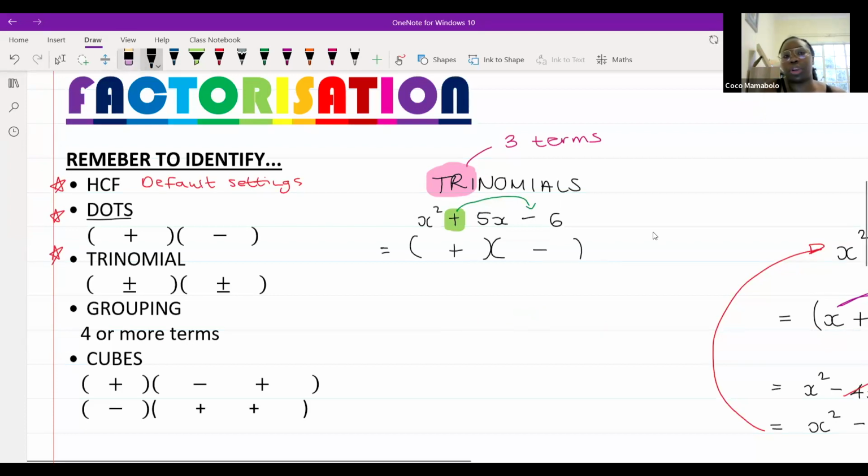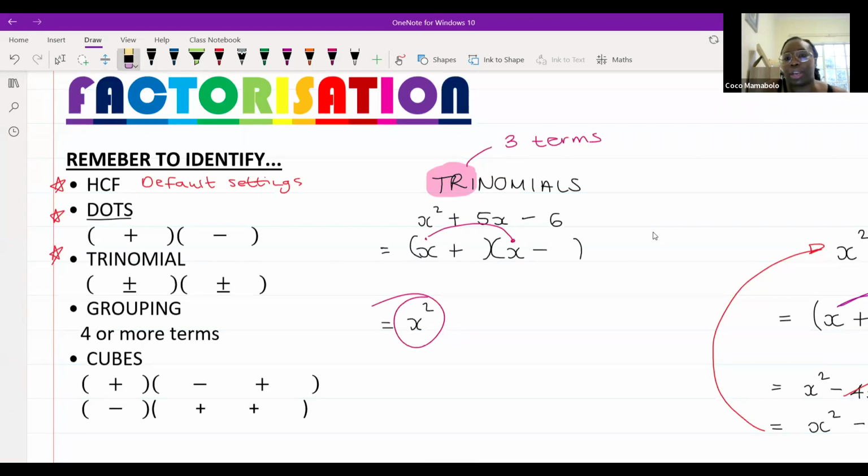Okay, now let's talk about the numbers that go inside. First thing I'm going to do is, when I FOIL, when I do first and outer, I know that for that first, I need to get an x squared as an answer. That means I must have an x here and an x here, so that when I do the first in FOIL, I get x times x, and it's going to give me the x squared that I need.